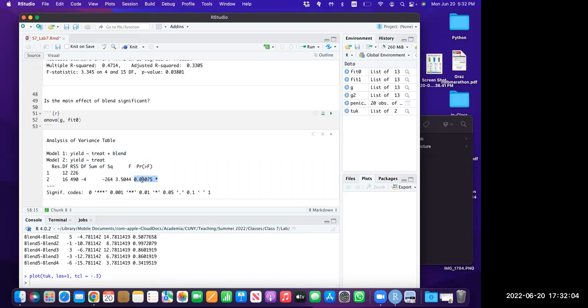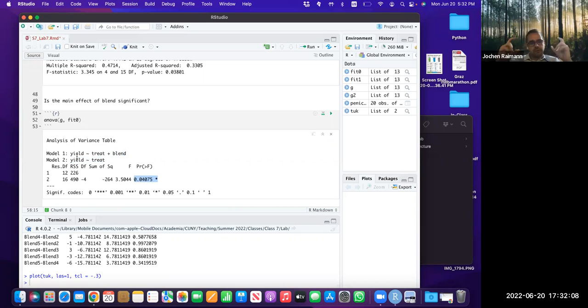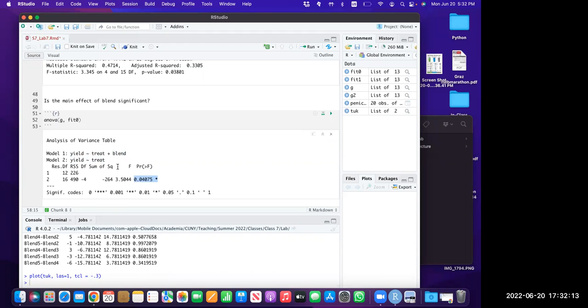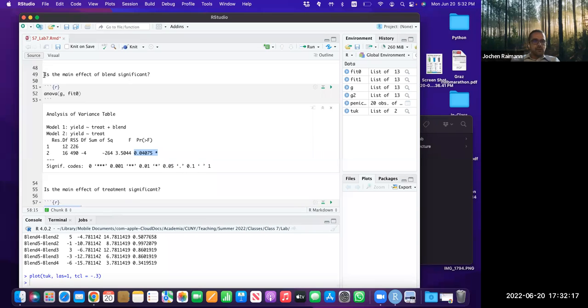And this is what the p-value from this ANOVA looks at. So it compares both models. Oh, okay, yeah, that really helps, Professor. Okay, great. So this is also what the question means to explain. Is the main effect of blend significant? So is it really blend or is it treatment? And this is the answer that this model comparison means to give.